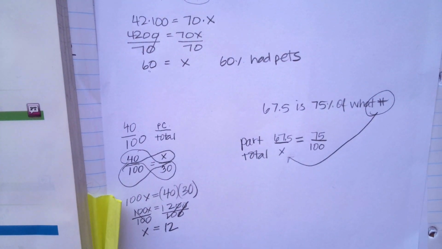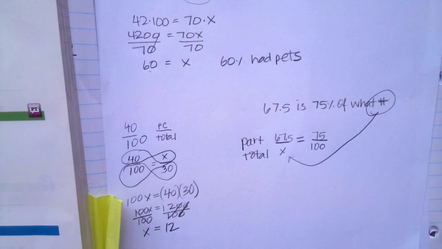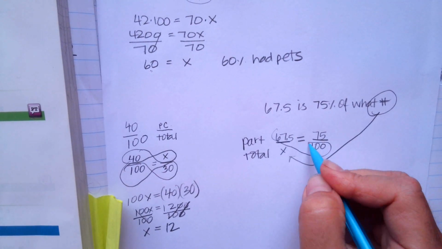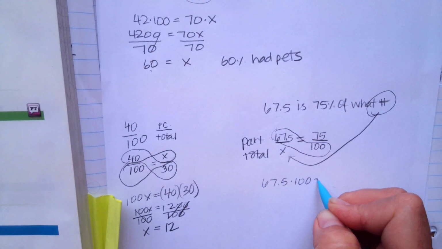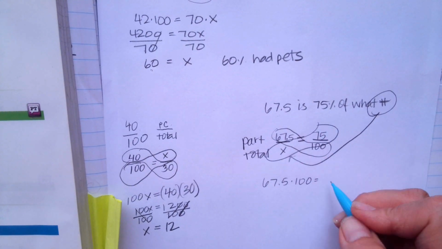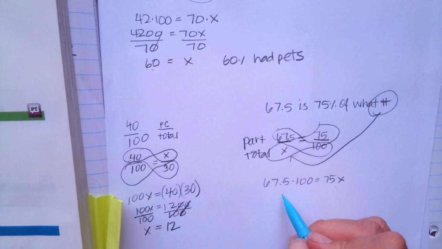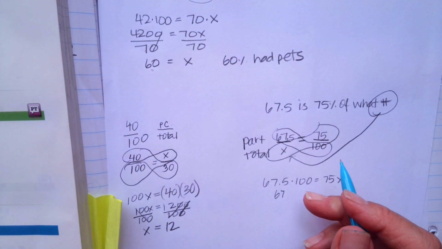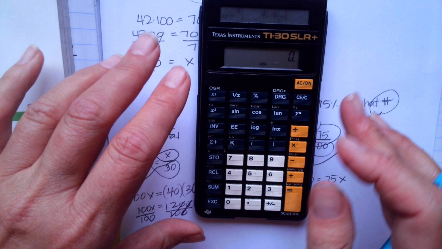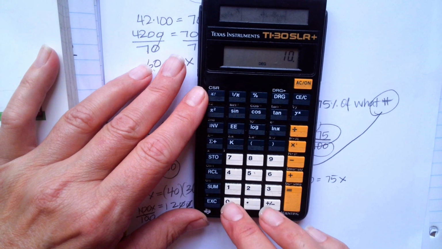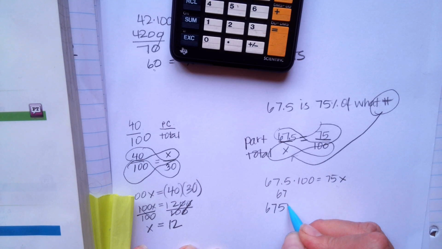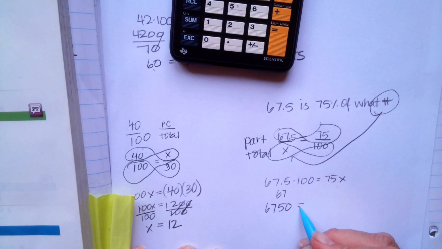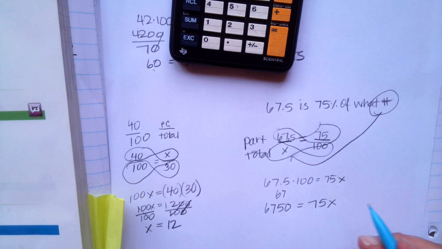All right, so we set up our proportion and we know that we have to cross multiply, so it becomes 67.5 times 100 equals 75x. Now we do 67.5 times 100 equals 6,750 equals 75x.